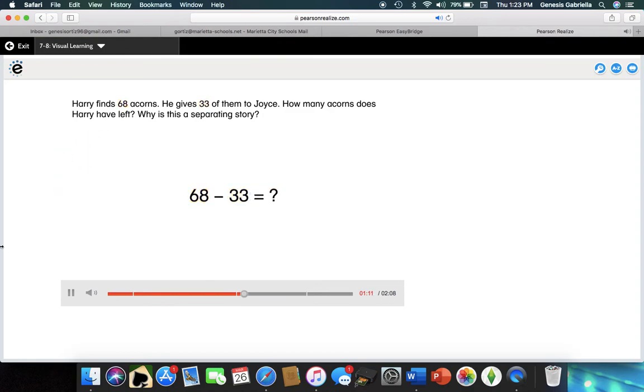How many acorns does Harry have left? Why is this a separating story? This is a separating story because Harry has 68 acorns, and then he separates 33 of them to give to Joyce. How many acorns does Harry have left?